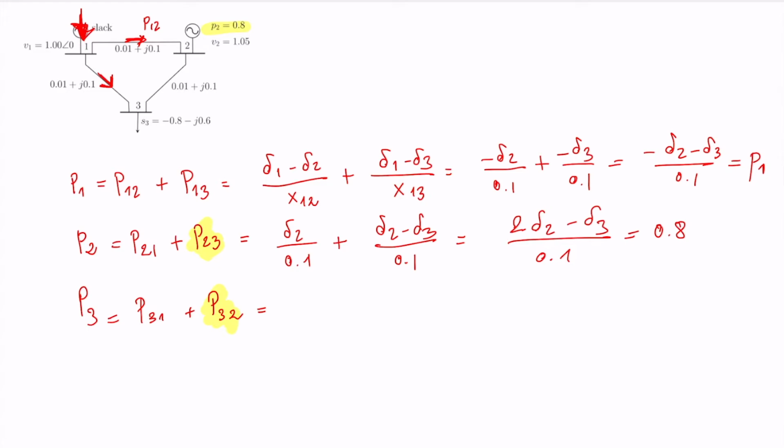Well, in this case I have delta 3 minus 0 divided by 0.1 plus delta 3 minus delta 2 divided by 0.1. This is equal to 2 delta 3 minus delta 2 divided by 0.1. And I know what this injection power is. This is minus 0.8.